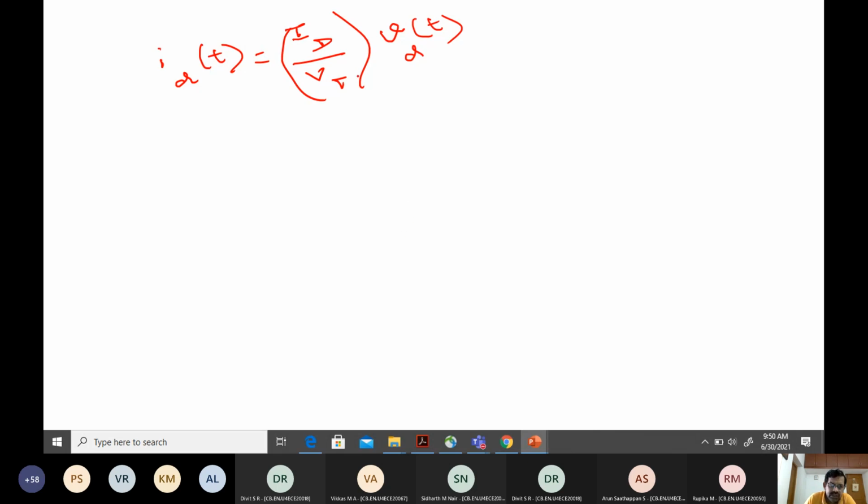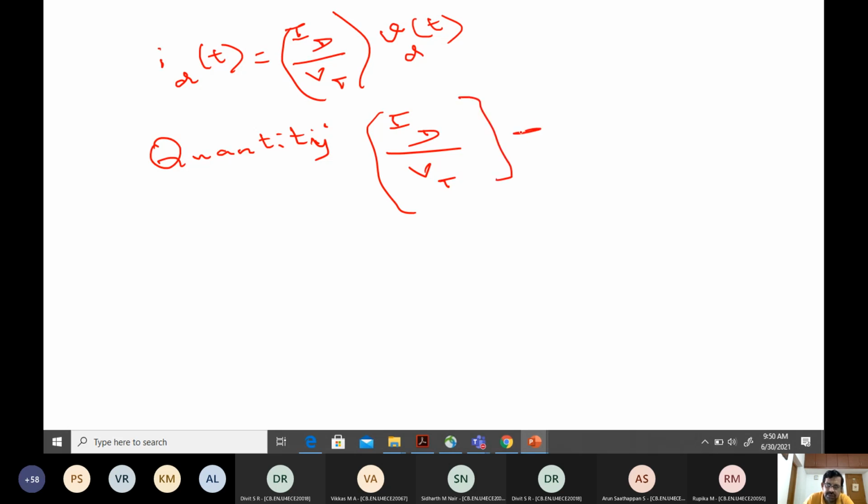Id by Vt, obviously current by voltage, should represent conductance, because it is related to the small signal, and I defined already what is small signal.